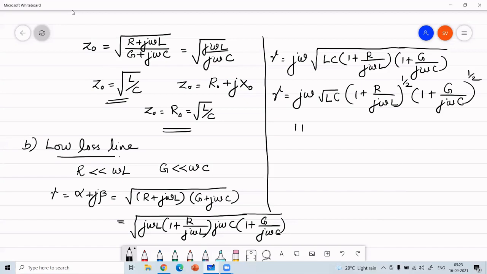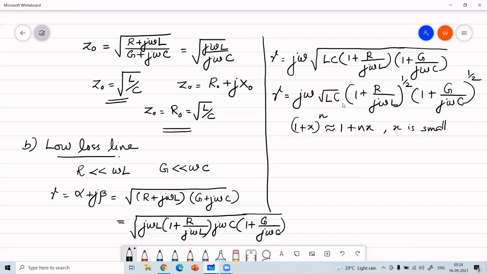Now we can write (1 plus x) the whole raised to n approximately equal to 1 plus nx if x is small. So if x is small, (1 plus x) the whole raised to n can be taken as 1 plus nx. Here in the place of x, it is R by j omega L. We have already said that for a low loss line, R should be very much less than omega L and G should be very much less than omega C. So these two quantities, that is R by j omega L and G by j omega C, are very small.